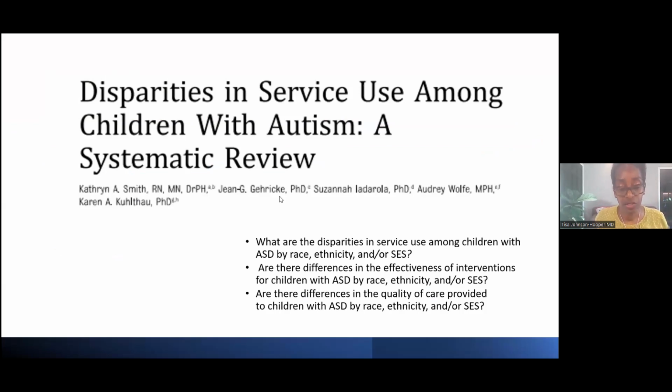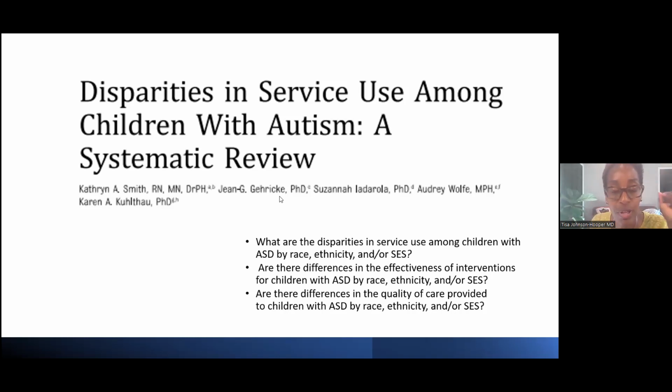Okay, so much less is known about disparities in autism services, service access and quality of care as compared to the disparities in screening and timing of autism diagnosis. This paper, Disparities in Service Use Among Children with Autism: A Systematic Review, was a literature review of studies that address at least one key question.